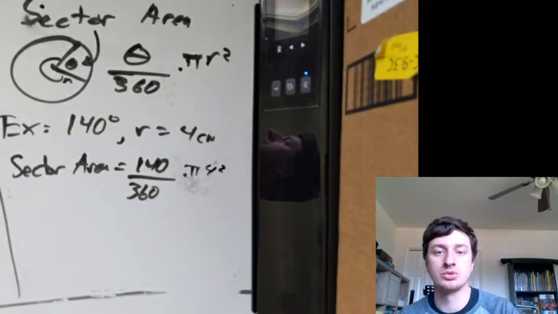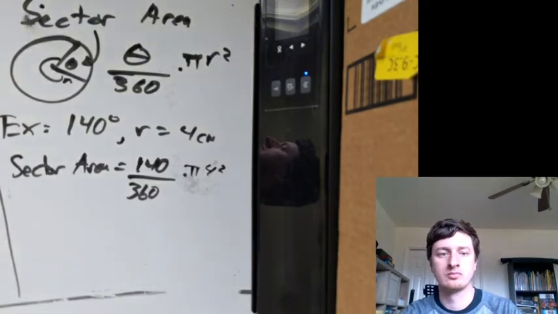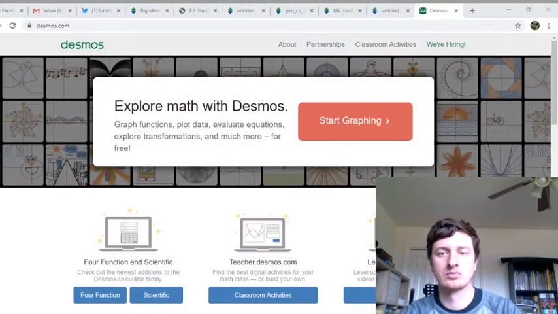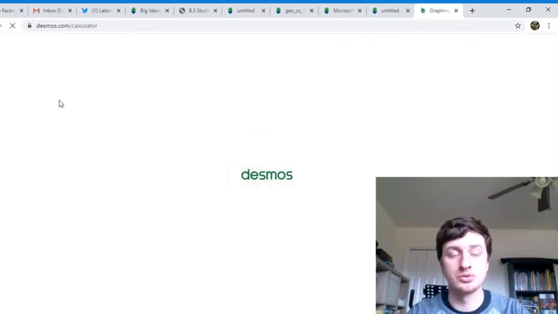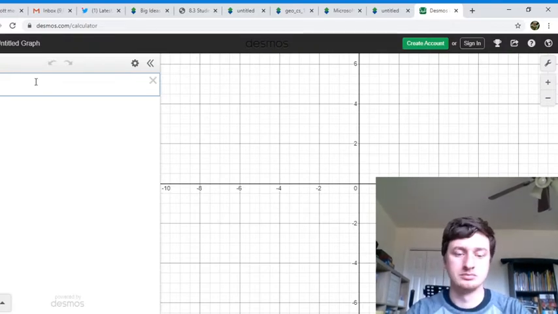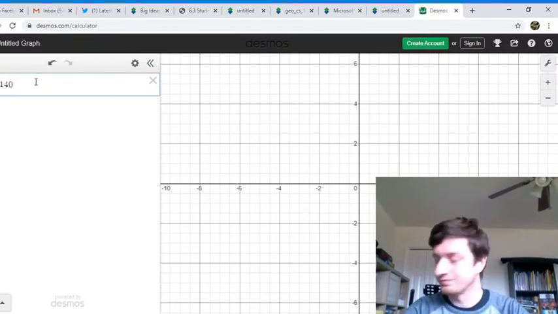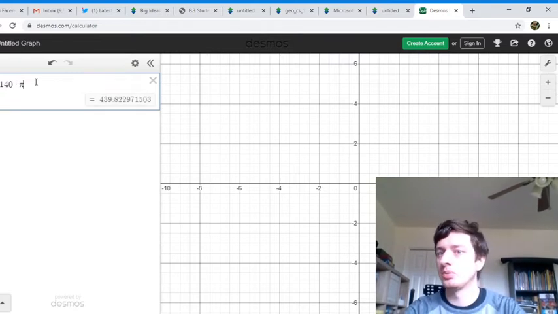So we would go to Desmos, our calculator. You could use Google, or a calculator by hand. So 140 times pi; if you just type pi, it'll put in pi.